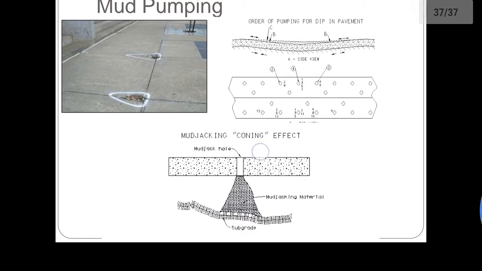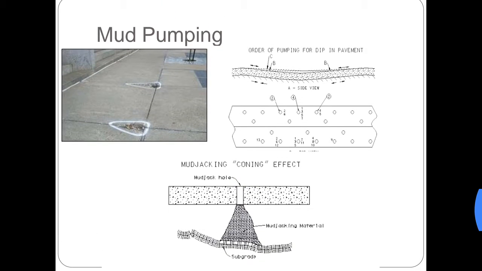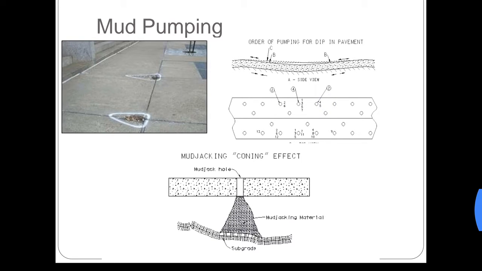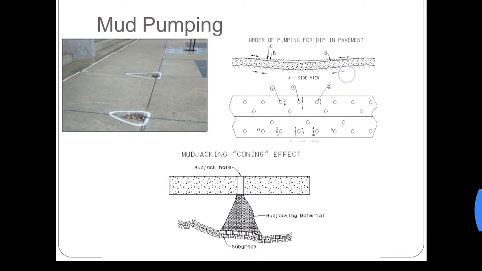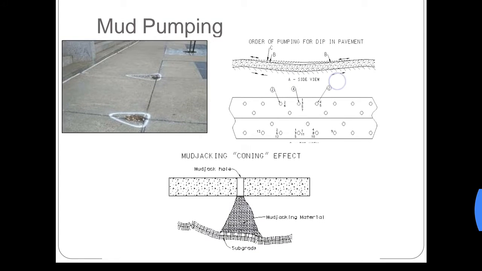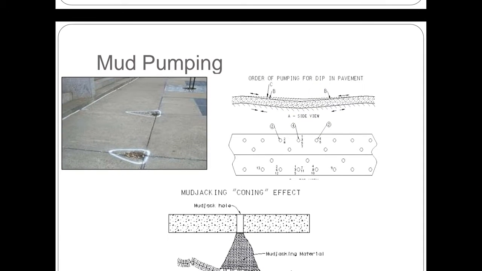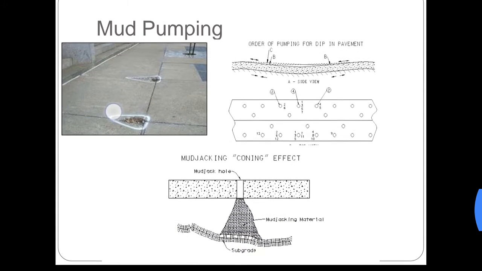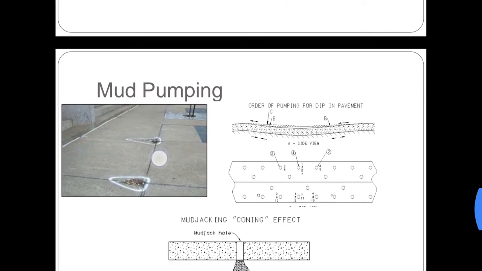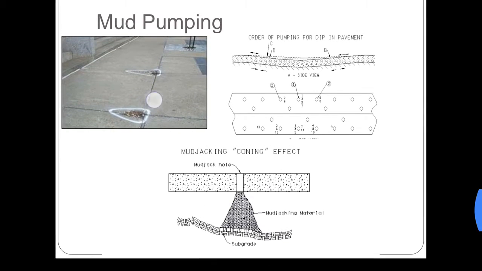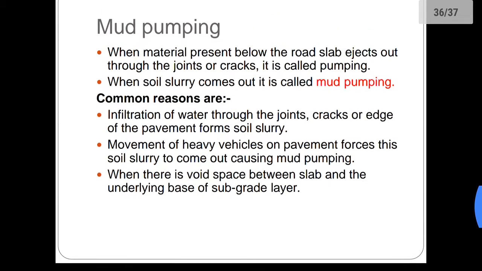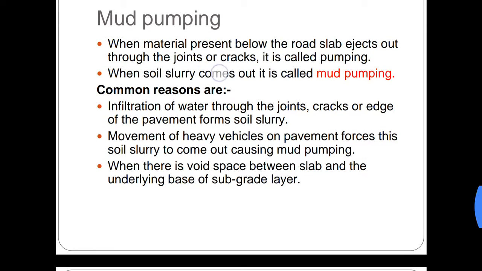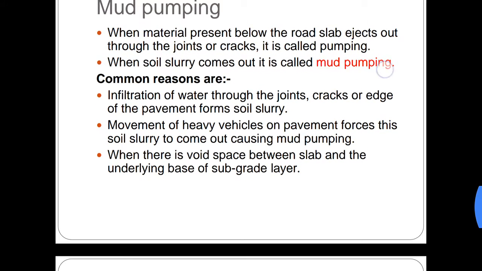If the joints are not filled properly with a filler material, and if the bottom layer is weak and there is presence of water in that layer, then during the deformation of the rigid pavement, there are chances that through these gaps the material below might pump out. That is known as pumping. And if the soil slurry, or soil mixed with water, comes out, then it is known as mud pumping.